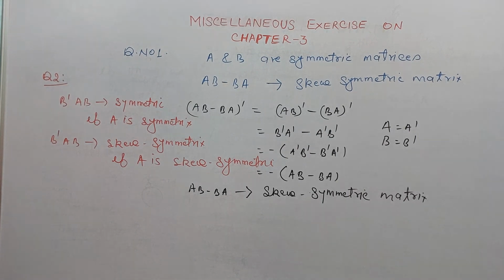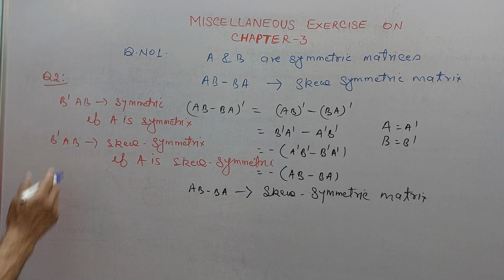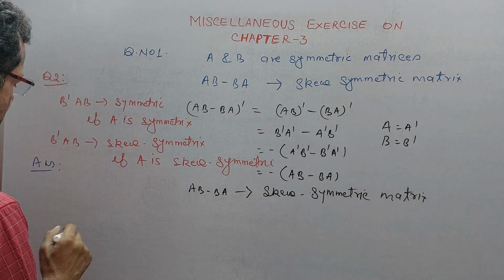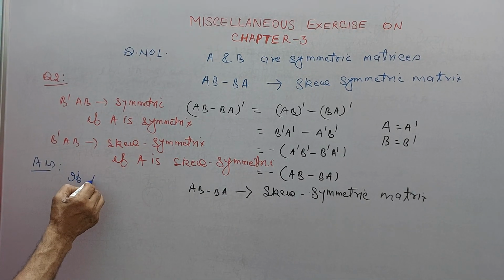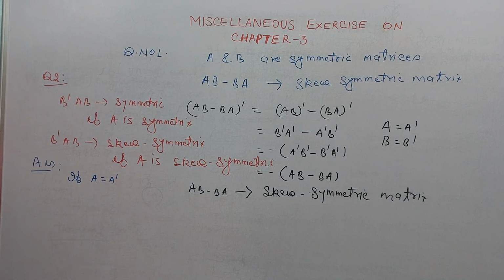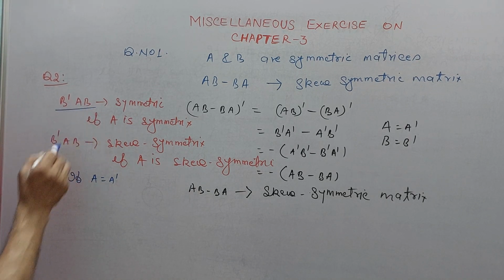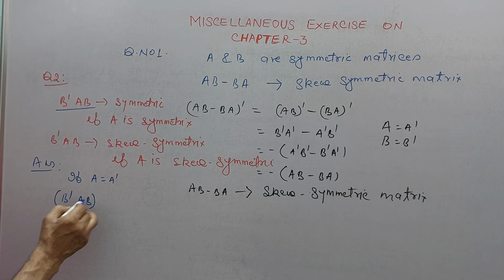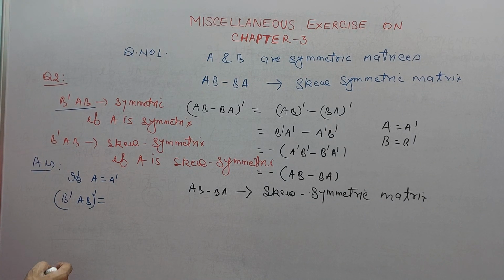Okay, so let us solve it. First, A is symmetric. If A is symmetric, then A is equal to transpose of A. We have to find the transpose of B transpose AB. Using the properties, we take the transpose of each entry and multiply in the reverse order.